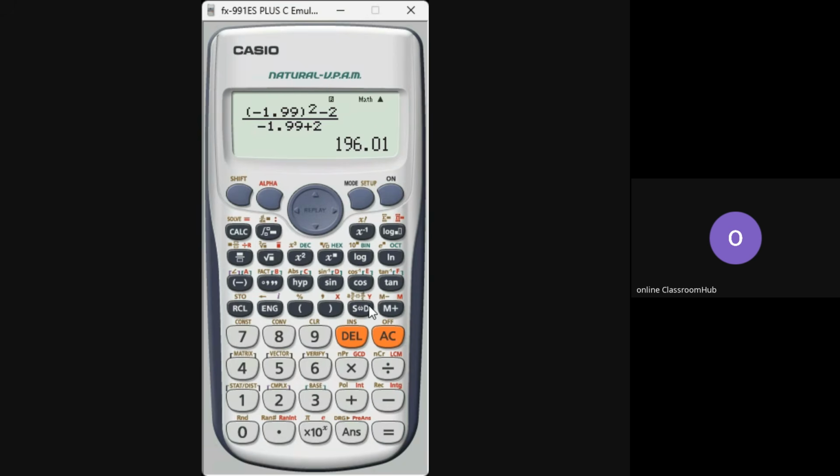The decimal equivalent is 196.01, and that is exactly what was provided. We edit again, add another 9, so that you become -1.999, and then navigate to the top and do the same, enter, and then it is 1,996.001. So these answers are correct, except the first one, which was wrong. So let's go back to our board.